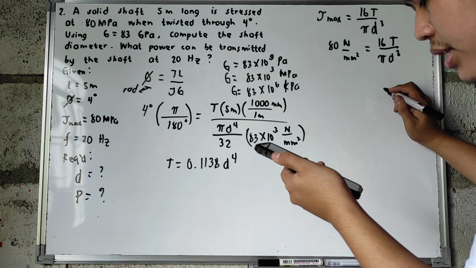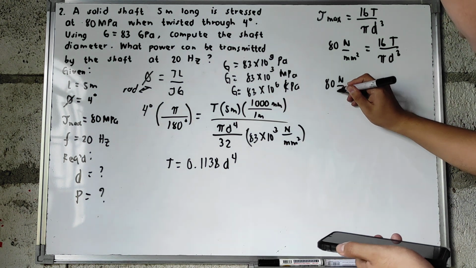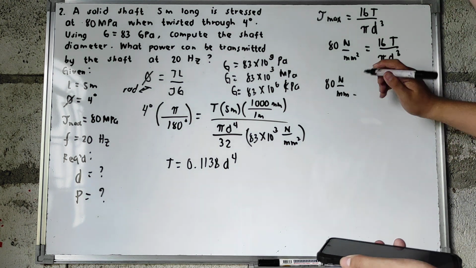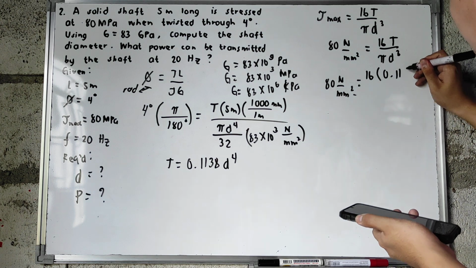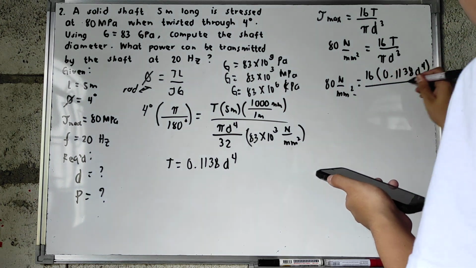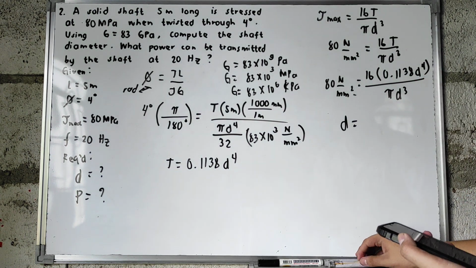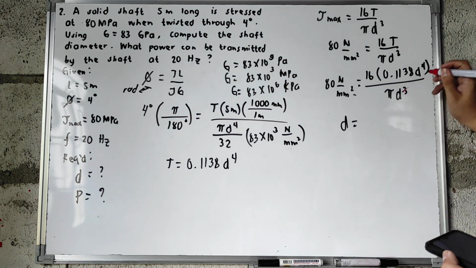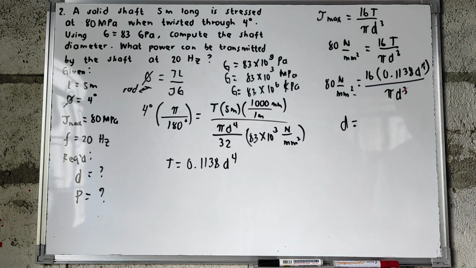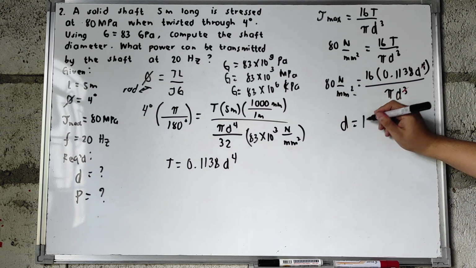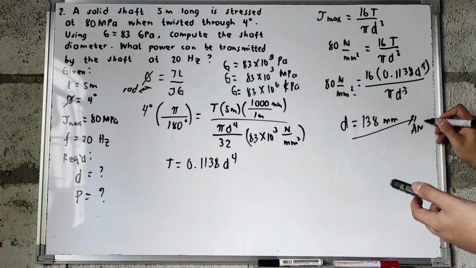Our T is equal to 0.1138 D raised to the fourth, all over pi D cubed. So we can get the value of our D, because the cube will cancel with the fourth power, leaving just D. So the value of our D is equal to 138 mm. This is our answer.